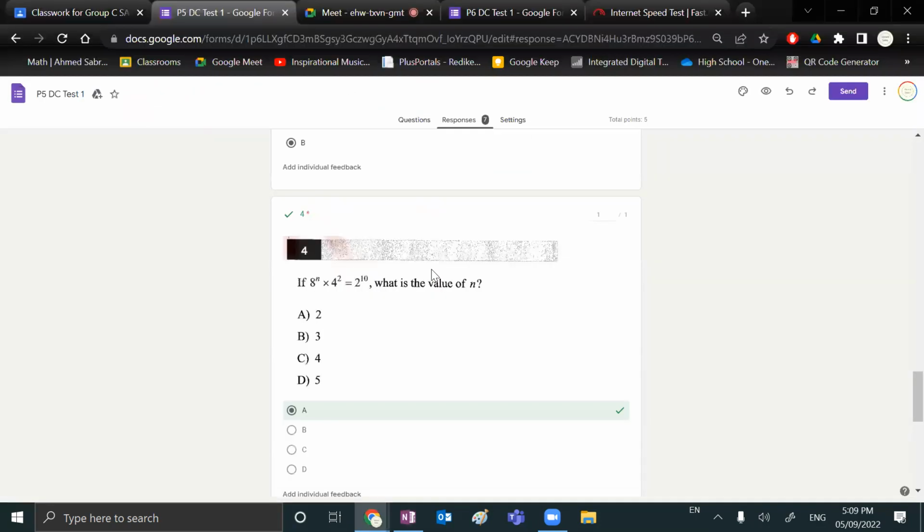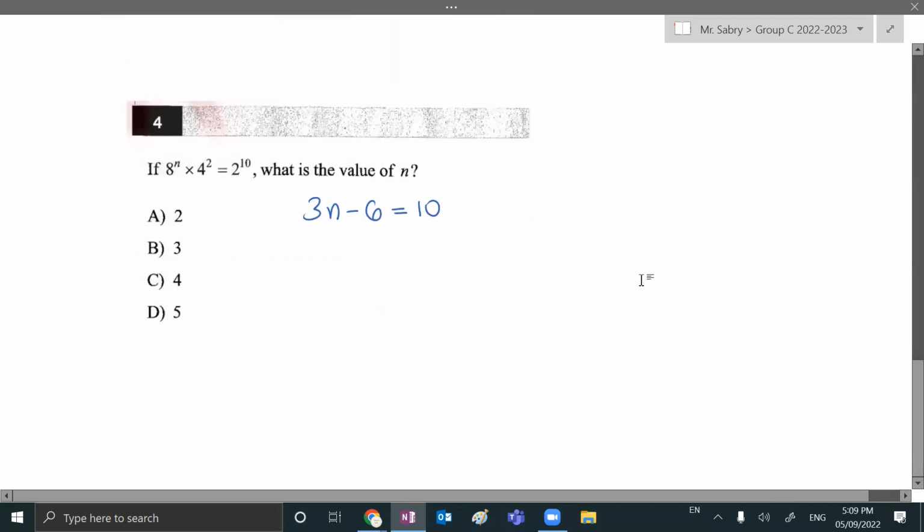Number 5. Can I ask you why it's actually not 6, it's 4? Because 4 is 2 to the power of 2 times 2, and this one is 2 to the power of 3 times 1. Yeah, I got it wrong. And it's added just because they're multiplied, so I can add the powers. So they should be added to each other, and then move the 4 to the other side, so 3n should be equal to 14.